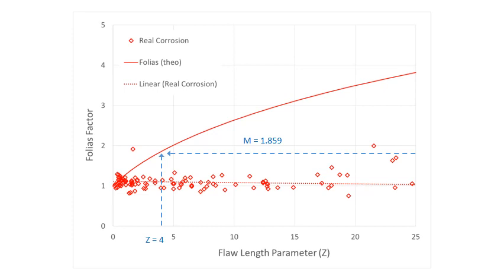Now, there are two real corrosion flaws that are above that limit. One of them is over at flaw length parameter Z of 1 and shows a foliage factor close to 2. And then we also have a flaw at length parameter of 22, and that's showing a foliage factor of 2. So we do actually have two data points within this database that are over that foliage factor limit of 1.859.